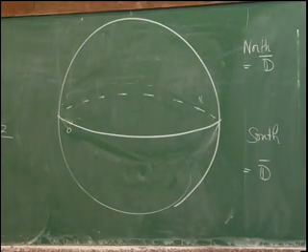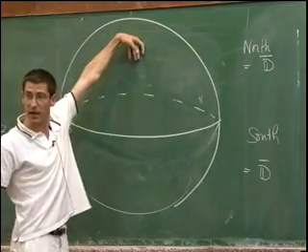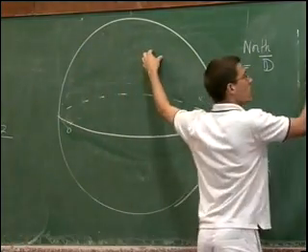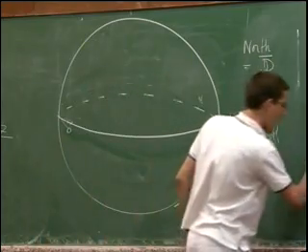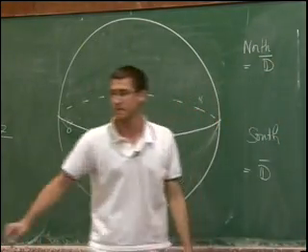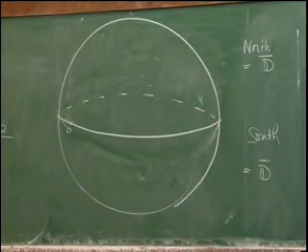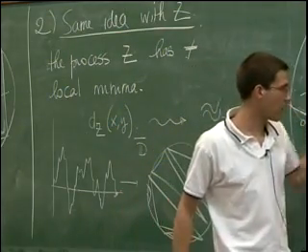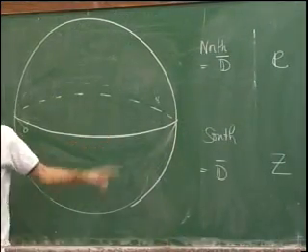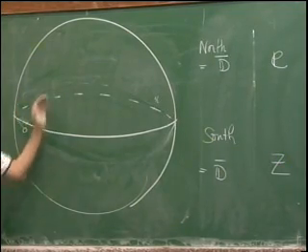And now I imagine that on the north hemisphere, I'm dealing with the process E. And on the south hemisphere, I'm dealing with the process Z. And I do exactly the same procedure, same device as I did. I mean, if 2 points on the circle are identified via E, I put an arc.